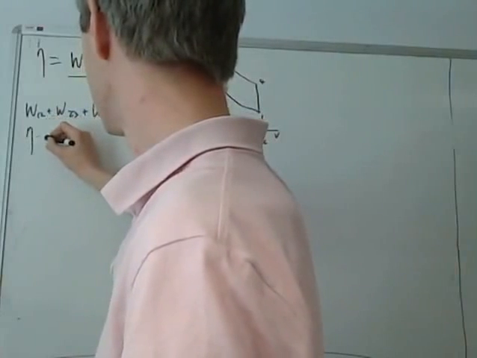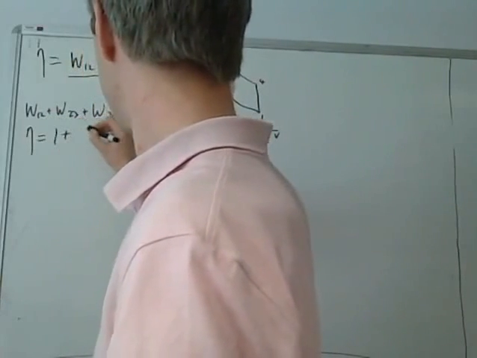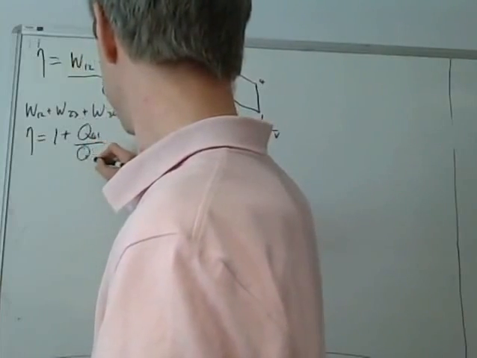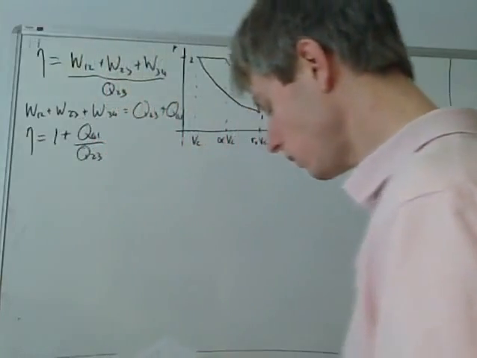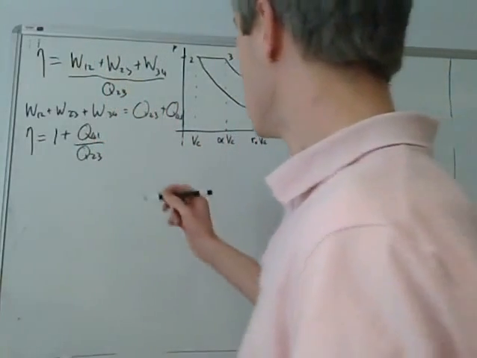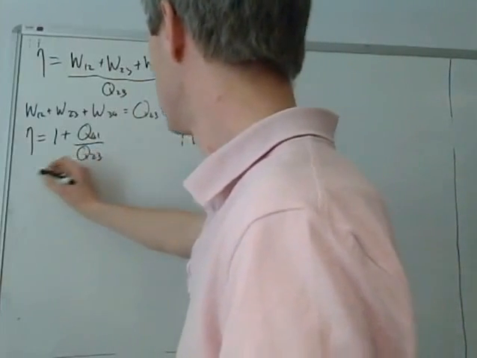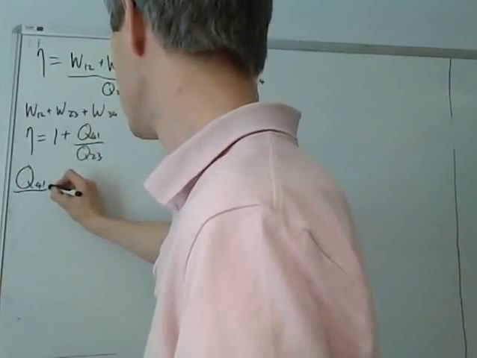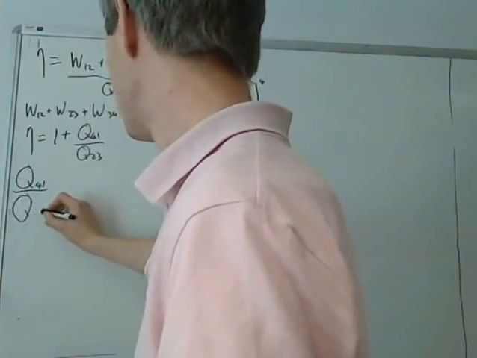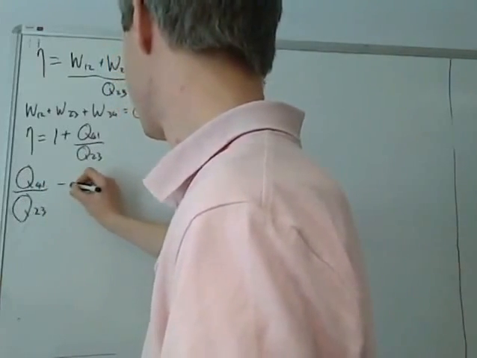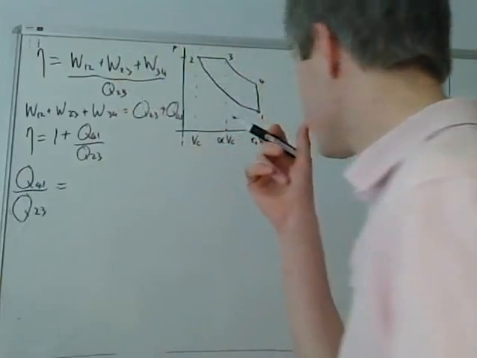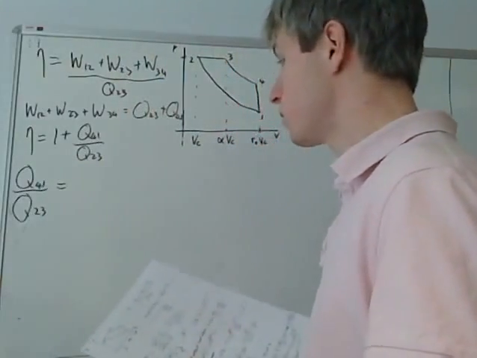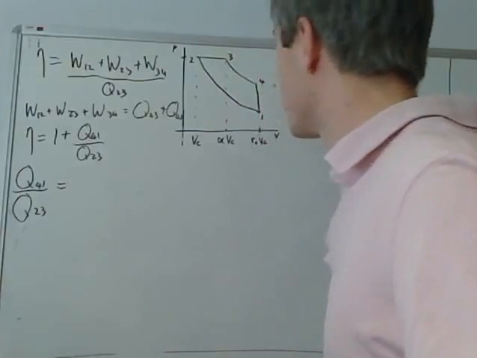And therefore we can rewrite the efficiency as, so we're again working in terms of this heat rejection versus heat input ratio. And in the previous Otto cycle, this ratio was just the ratio of temperature differences.